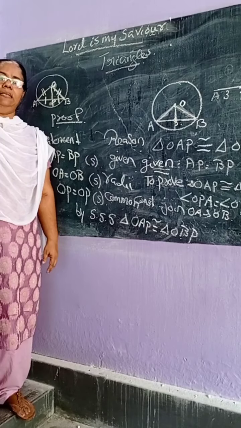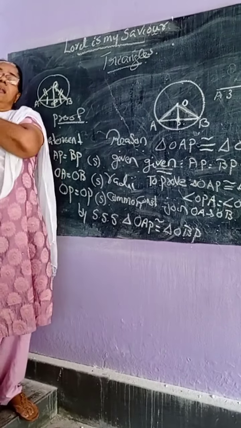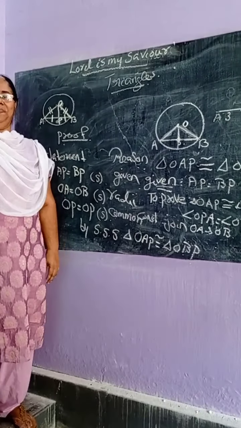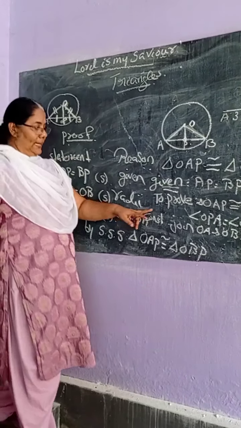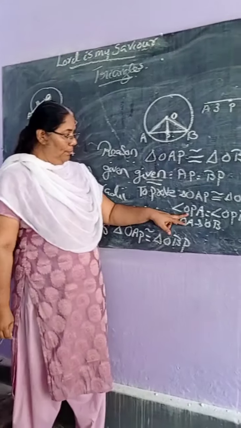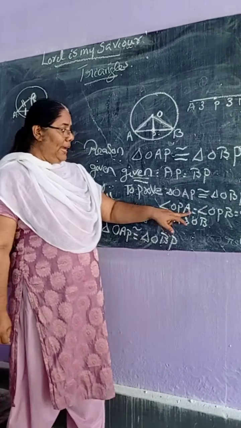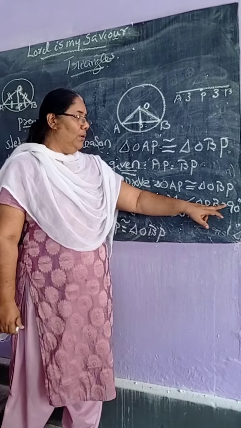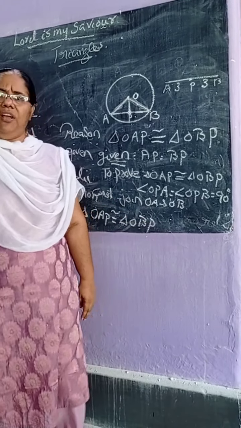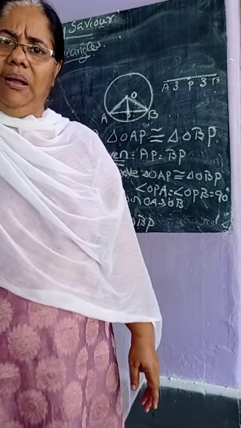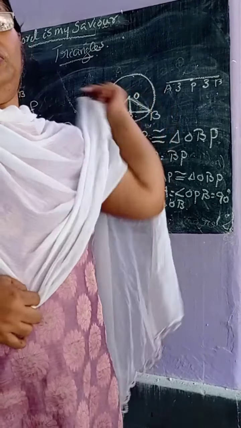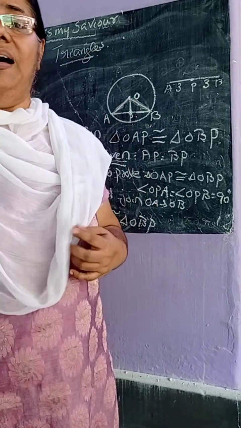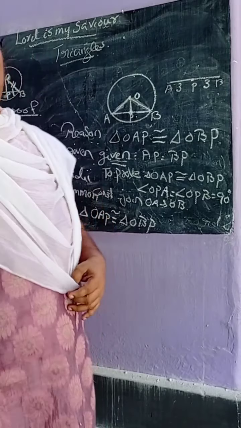First we prove that the two triangles are congruent. Understand? What is the second part? Second part is our aim to prove that angle OPA equal to OPB equal to 90 degree. All of you understand the first part? By SSS congruency theorem, we can prove that two triangles are congruent.